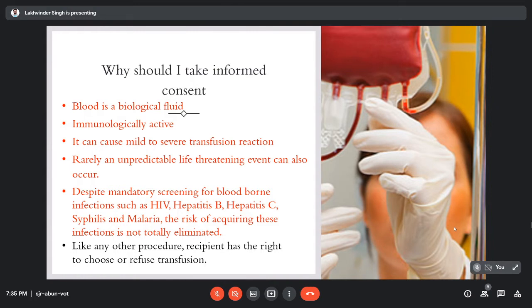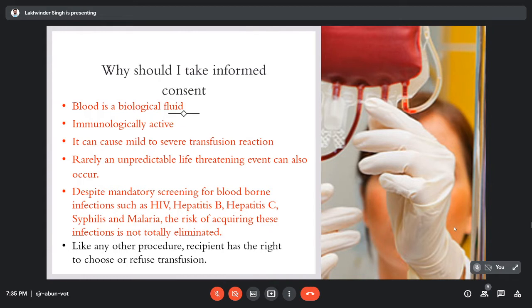Still, there is a small chance if the blood donor is in the window period, meaning the period from the day the donor has acquired an infection to the day when our tests like ELISA or NAT can detect that particular infection. If the donor is in that period, then our test cannot pick up the infection.